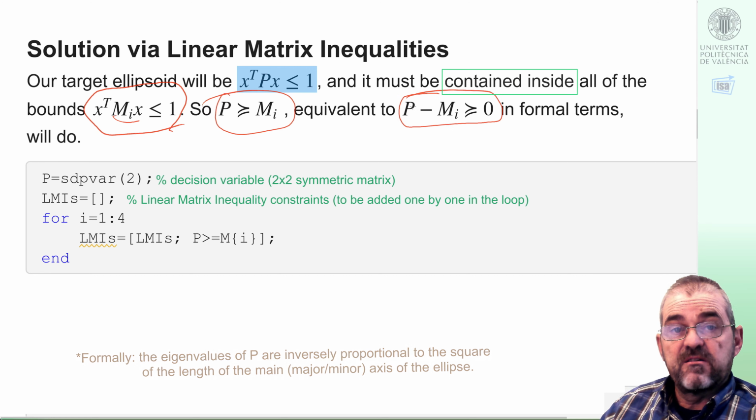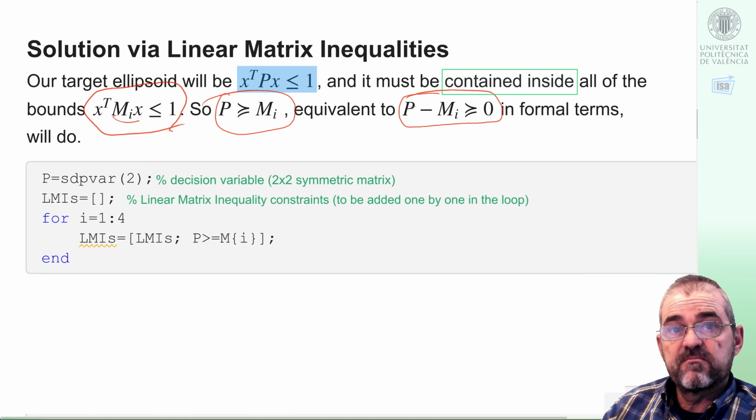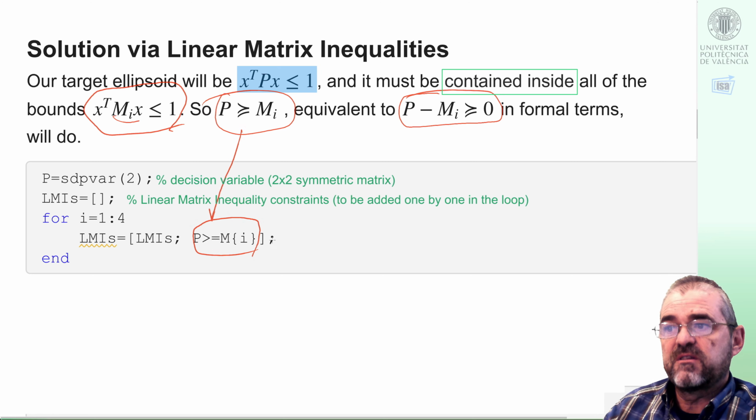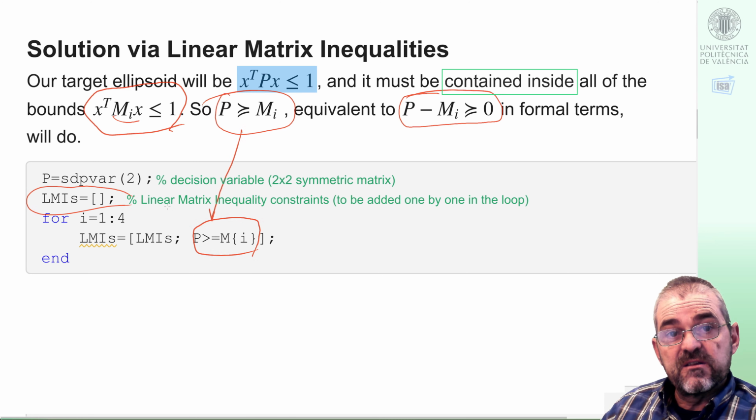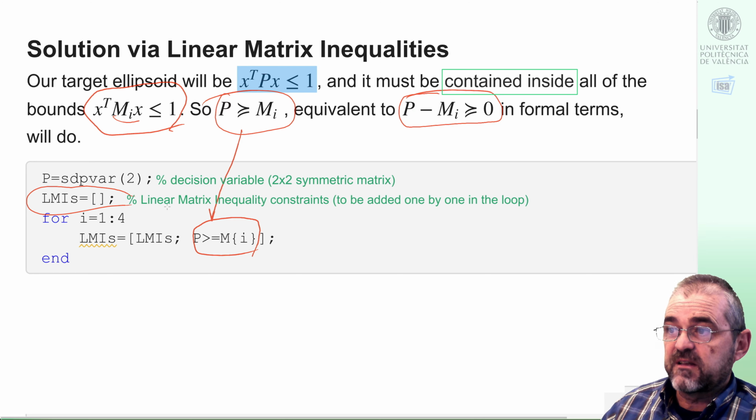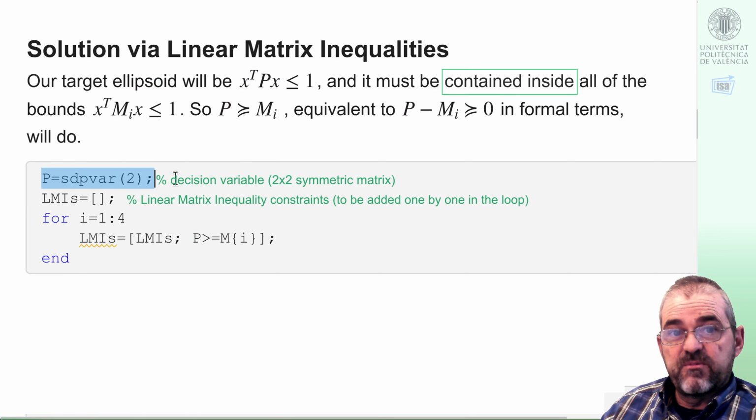We discussed that in other ellipsoid-related videos, but YALMIP allows me just to insert this constraint like this. I start with an empty set of linear matrix inequality constraints, and then I add the 4 constraints.